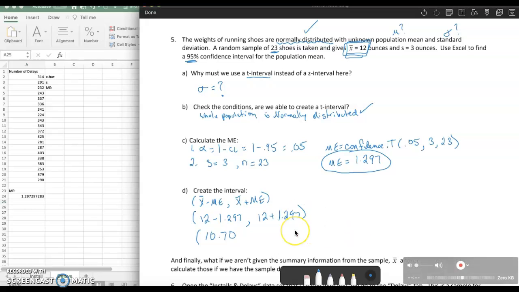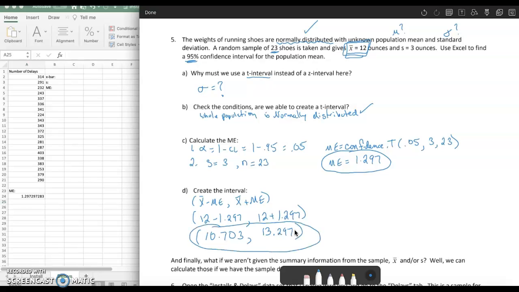If we do 12 minus 1.297, then I get 10.703. And if we do 12 plus 1.297, then we get 13.297 as our upper limit. So watch for the rounding directions that you're given on your problems to make sure that you get those correct.